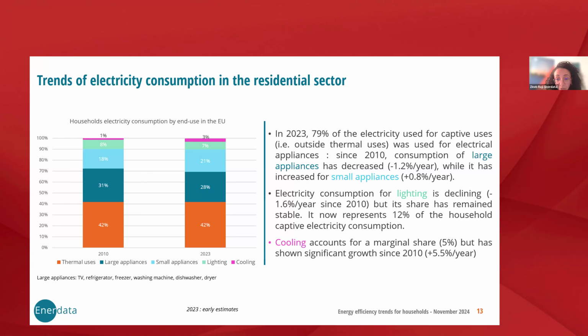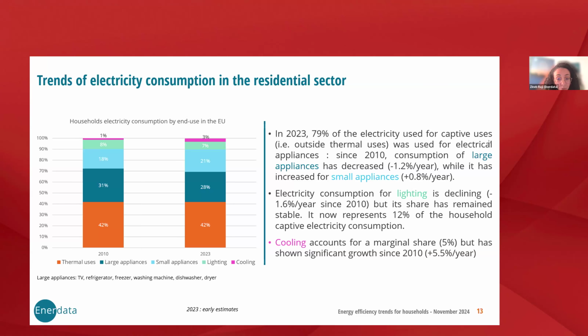So what we observe is that large appliances consume the largest amount of captive electricity. So it's electricity outside of thermal uses. And even though this share is dominant, the consumption has been decreasing, while the consumption of small appliances has been increasing throughout the period.